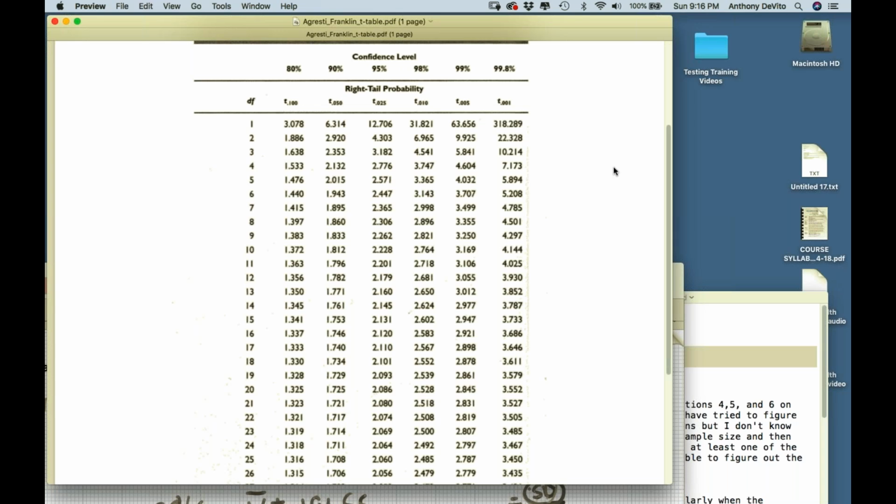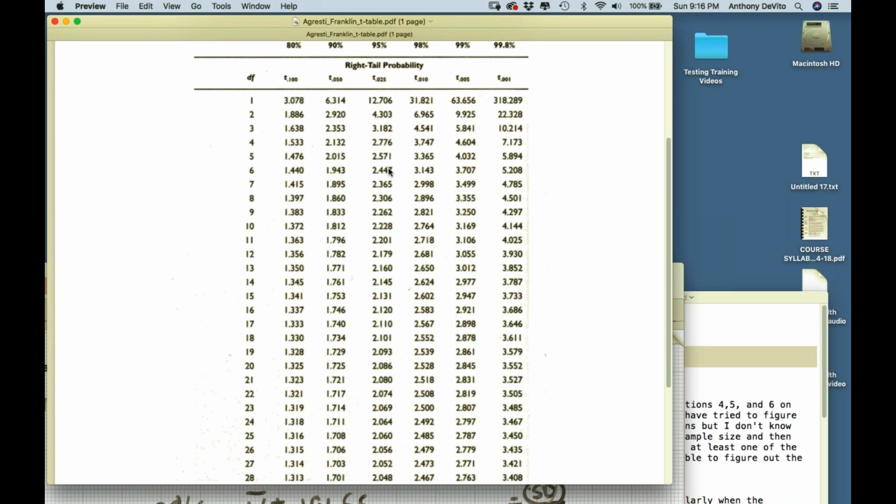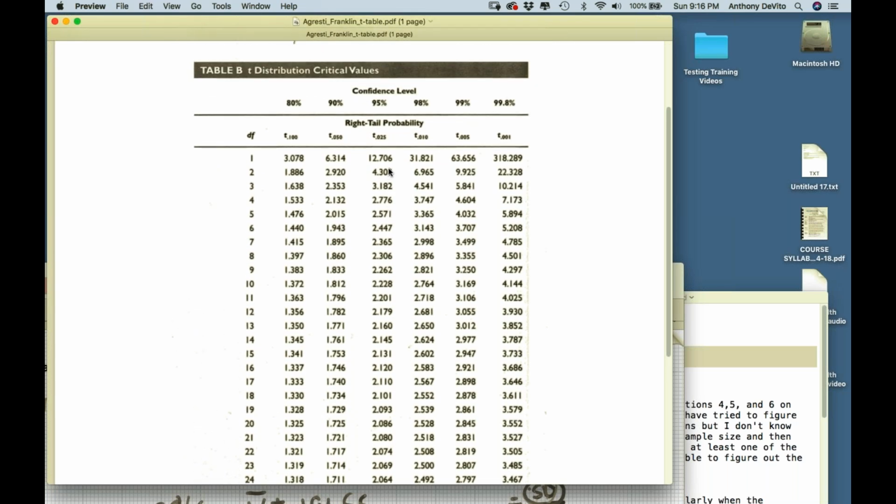So instead, we have a single table that gives us only the values we look for the most when we use a Z table or a T table: those for a 90% confidence interval, a 95% confidence interval, and a 99% confidence interval. Instead of having all the values that T could have, like in the Z table where you could look up any probability, we're only going to be worried about 90, 95, and 99%.